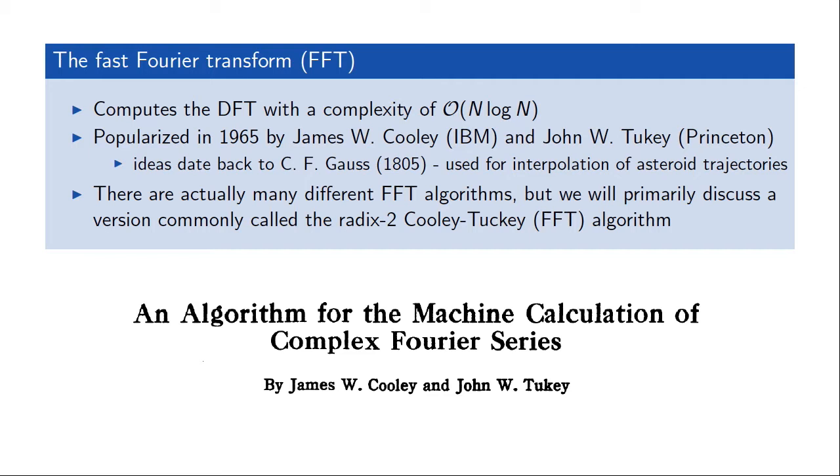The ideas underlying the fast Fourier transform date back all the way to Gauss in the 1800s, but Cooley and Tukey are generally viewed as the inventors of the FFT. There are also many different FFT algorithms available now, but the one that we will primarily discuss in this course will be the radix 2 Cooley-Tukey FFT algorithm. Whenever we just say FFT algorithm, this is explicitly the algorithm that we will be referring to.